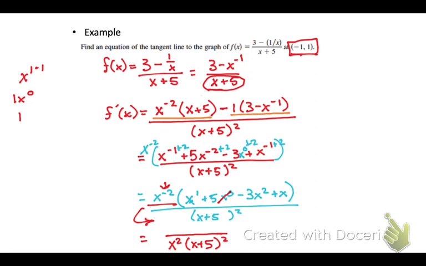So I have negative 3x squared plus 2x plus 5. So that's negative 3x squared minus 2x minus 5, correct?